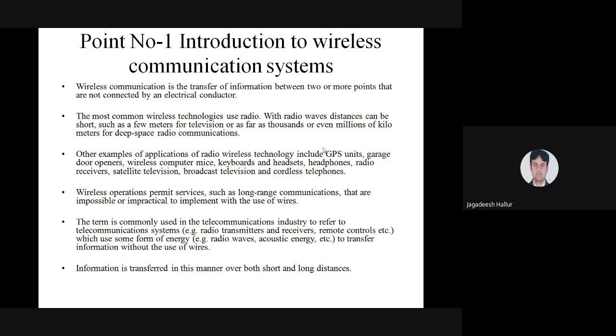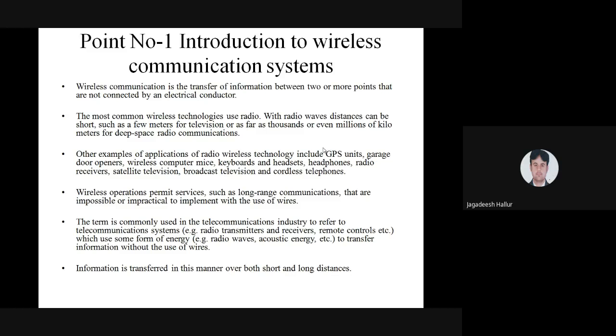Those energies are radio waves and acoustic energy for the transfer of any information without the use of wires. How we are going to transfer the information comes in the next point.